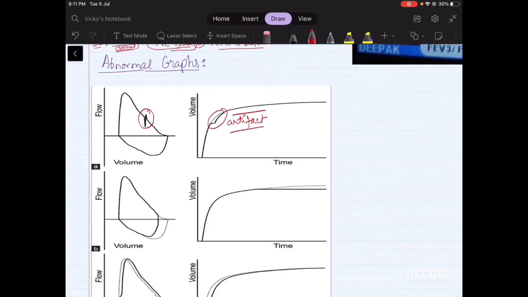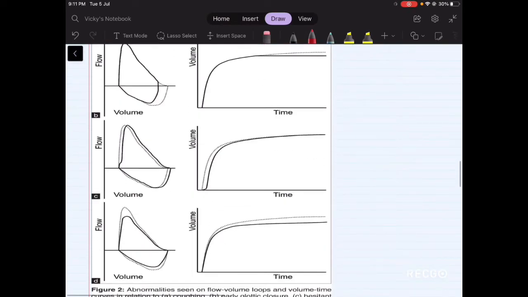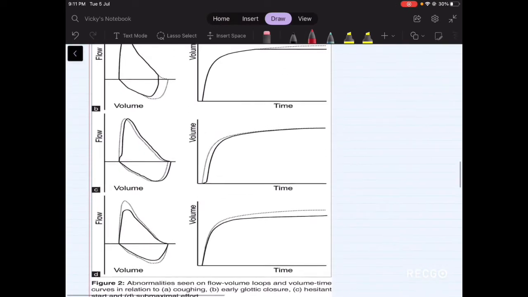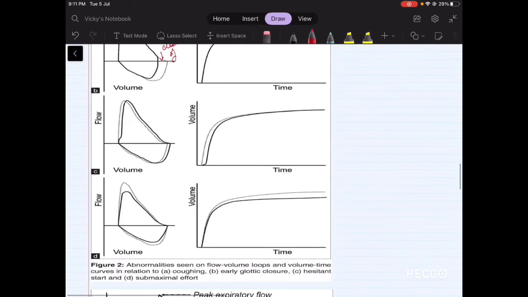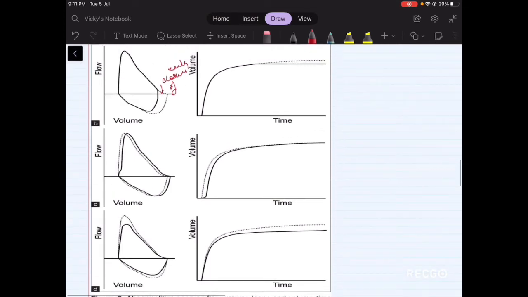Hence this graph should not be considered. And the second graph is that there is early closure of glottis, right? Early closure of glottis.